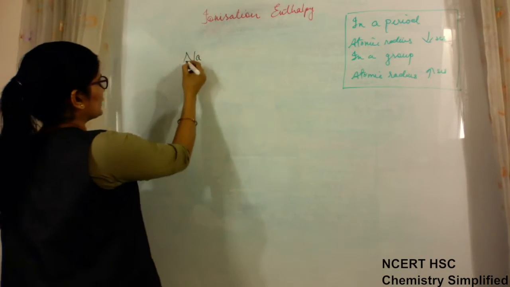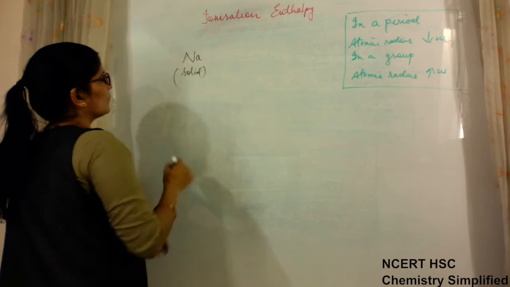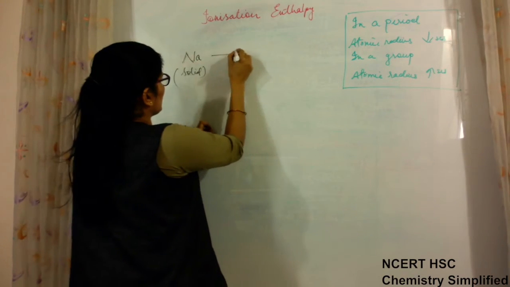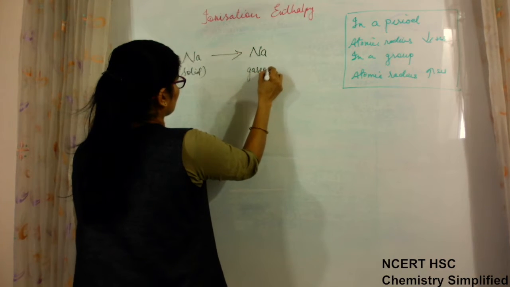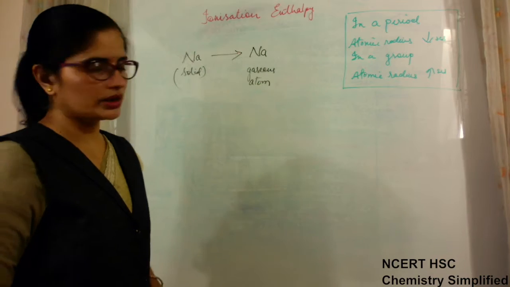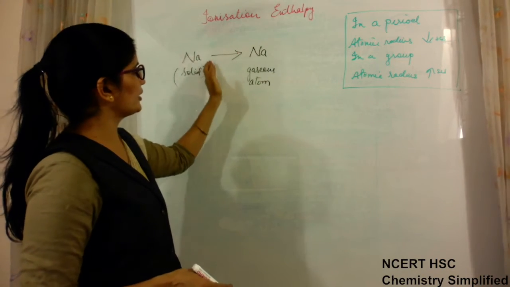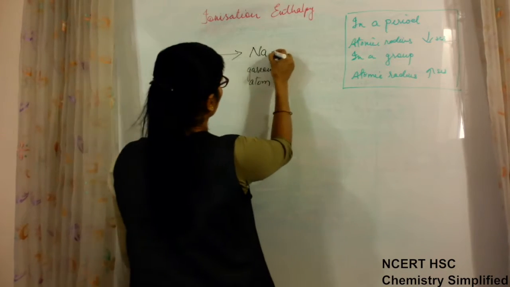Okay, so metal is in solid state. When a solid metal atom is converted into a gaseous atom, this is the first step. Okay, when a solid sodium atom is converted into a gaseous sodium atom, after that what happens?